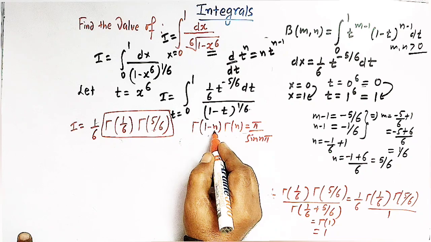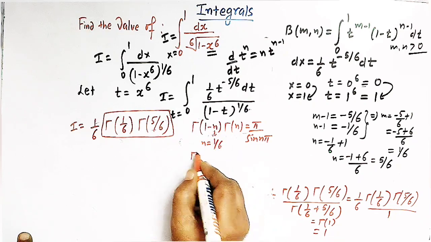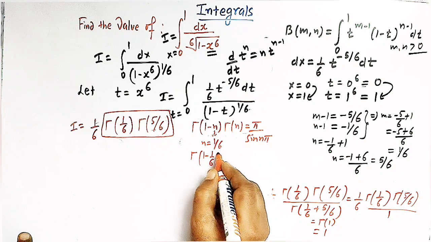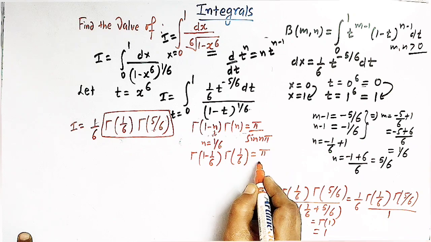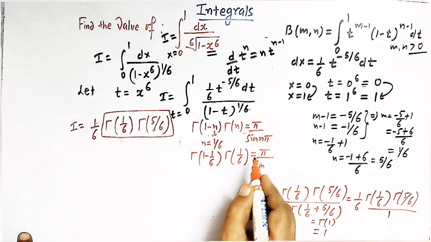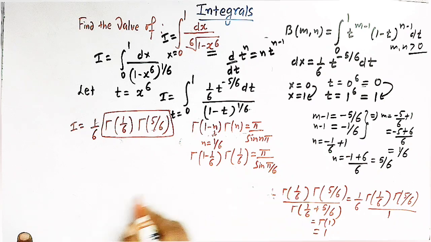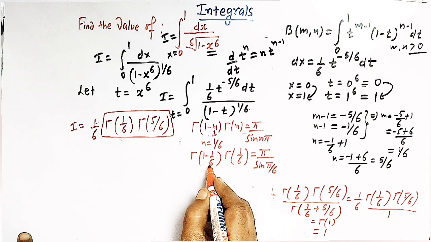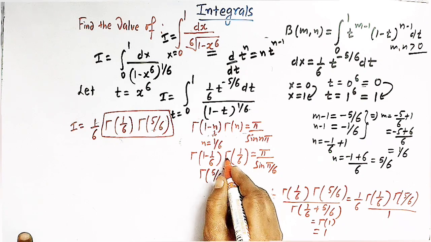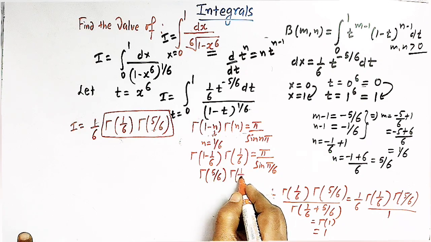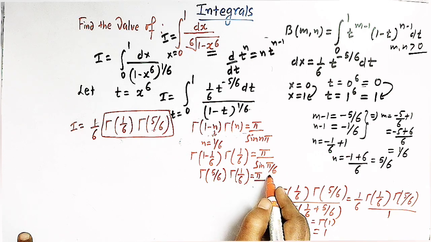So if we take this n as 1 over 6, then we have gamma 1 minus 1 over 6, gamma 1 over 6, and here we have pi divided by sine n pi. So n is 1 over 6, so we have pi over 6. Now 1 minus 1 over 6 is 5 over 6, so this is gamma 5 over 6 times gamma 1 over 6, and this is pi divided by sine pi by 6.